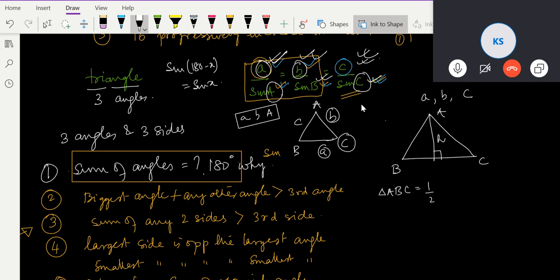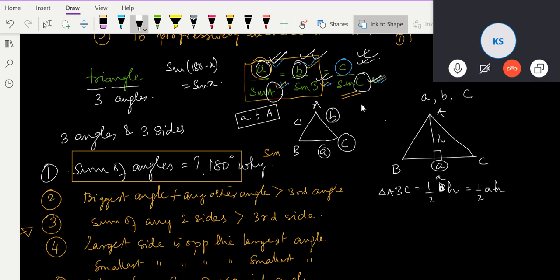Half base into height. Sorry, BC is A. So half A into H, right?